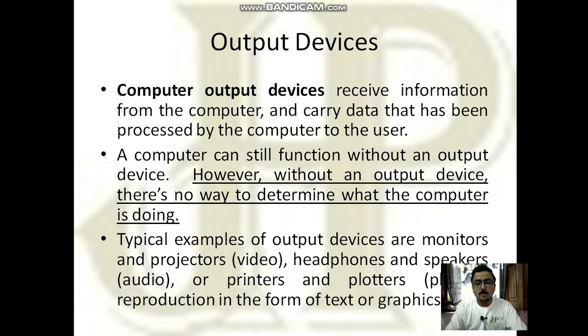Typical examples of output devices are monitors and projectors, okay, under the category of video, headphones and speakers under the category of audio, while printers and plotters are in the category of page.